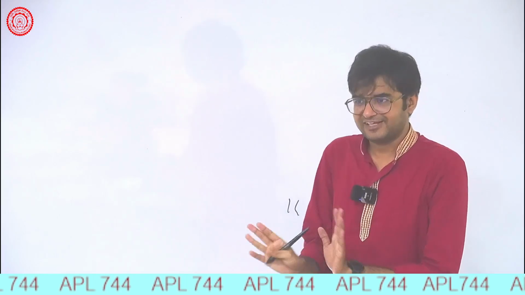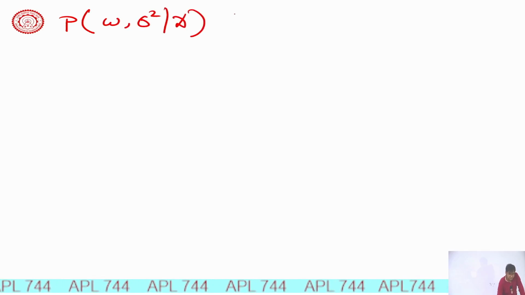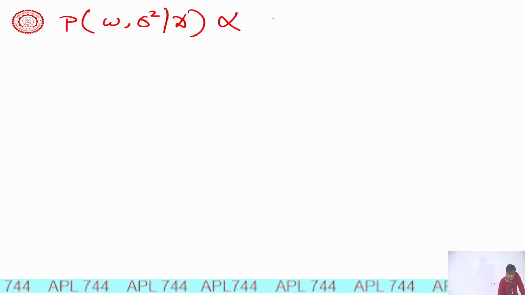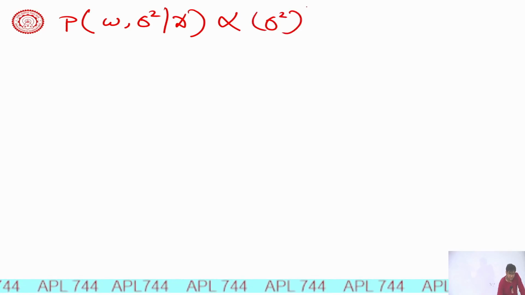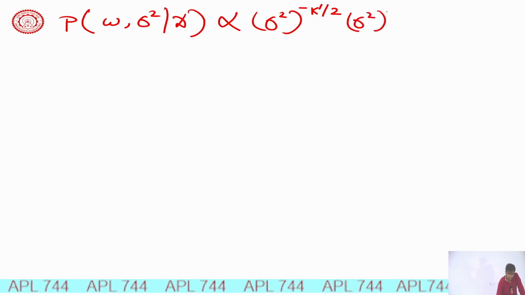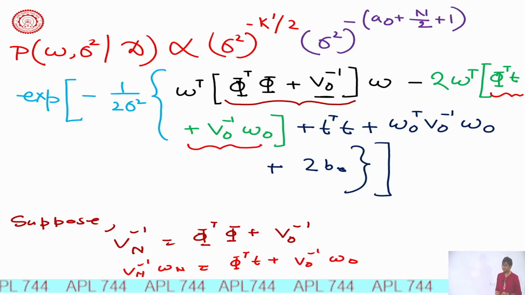Clear why am I doing this? Just to bring the posterior to the same form as the prior, nothing else. Now with this notation, I will write it down. So therefore, probability of W comma sigma square given data is proportional to sigma square to the power minus k dash by 2, sigma square to the power, another name I did not give, a naught plus n by 2 plus 1.